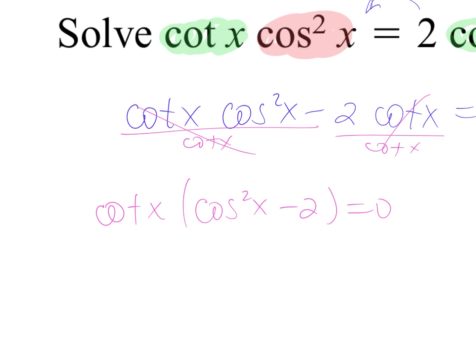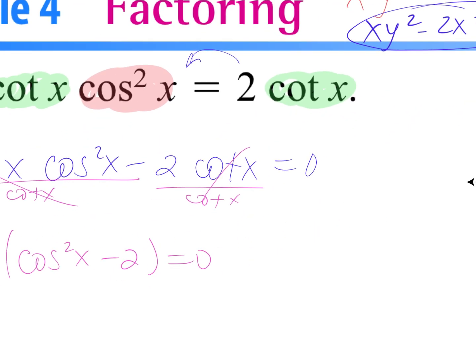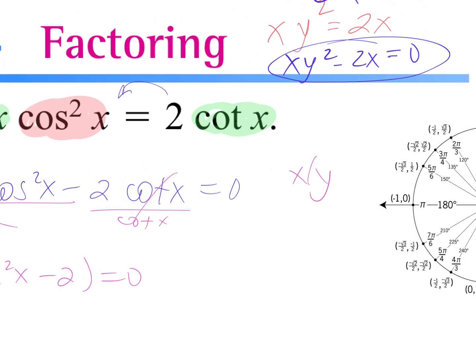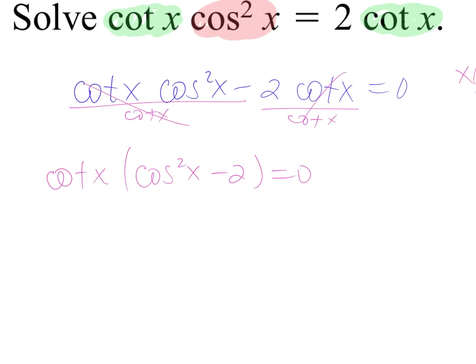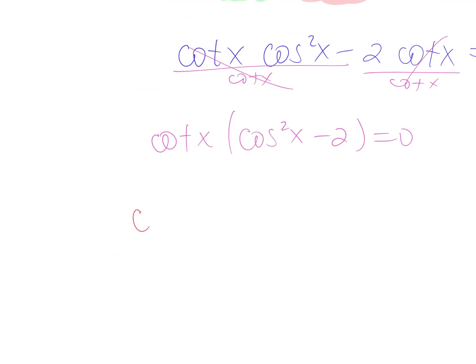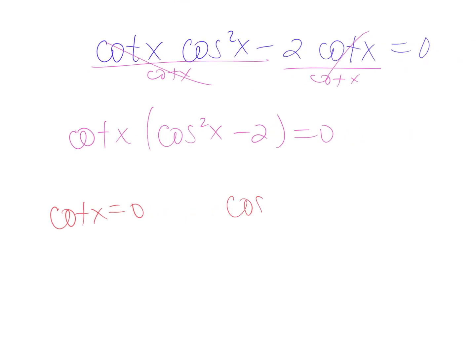Now, when you factor, if I factored this, I had x times y squared minus 2 equals 0, then you would set each of them equal to what? 0 and solve, okay? Same thing here. I'm going to set each of these equal to 0 and solve.